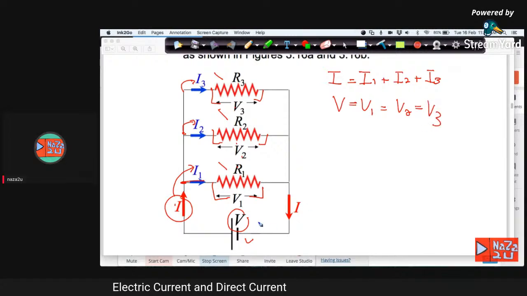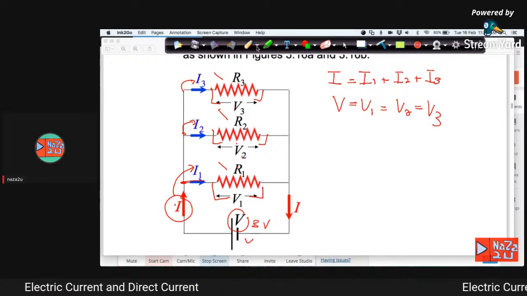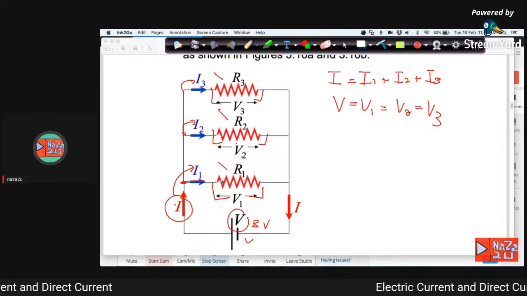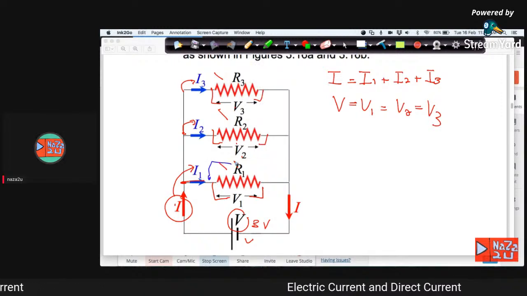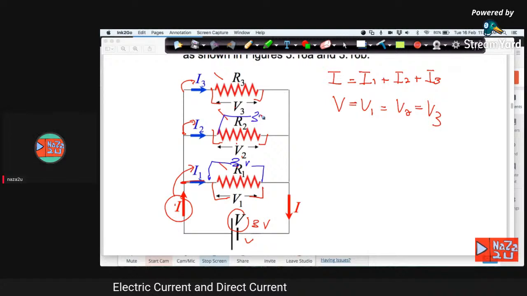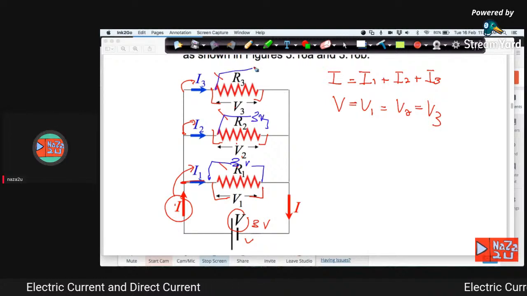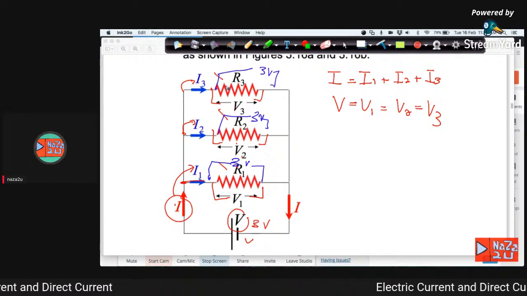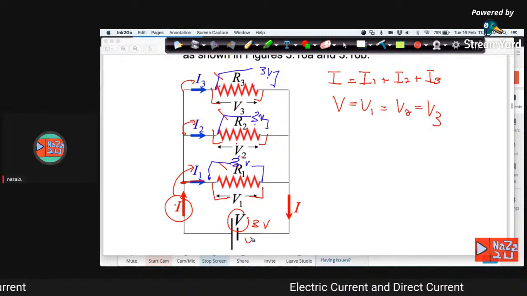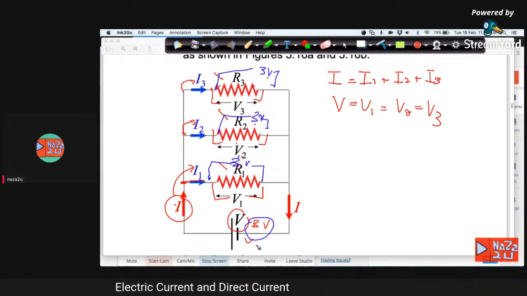Katalah sini kita letak 3 volt yang dibekalkan oleh bateri. So yang ni pun kalau kamu ukur voltage kat sini pun R1 3 volt juga. Yang ni pun kalau kamu bekalkan 3 volt juga. Yang ni kalau kamu ukur dia punya voltage pun 3 volt juga. So 3 volt, 3 volt sama dengan voltage provided by battery. Right?